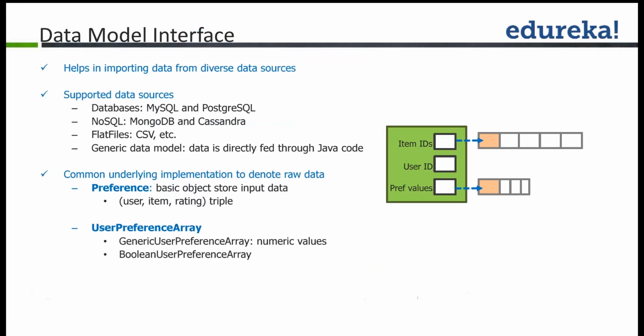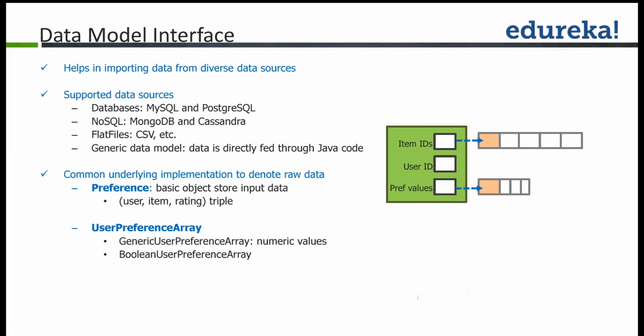So the data model interface, as I told you, is essentially about importing and exporting data from different data sources. In this particular case, the supported data sources are different databases, MySQL, PostgreSQL, CSV flat files, and also other NoSQL databases.